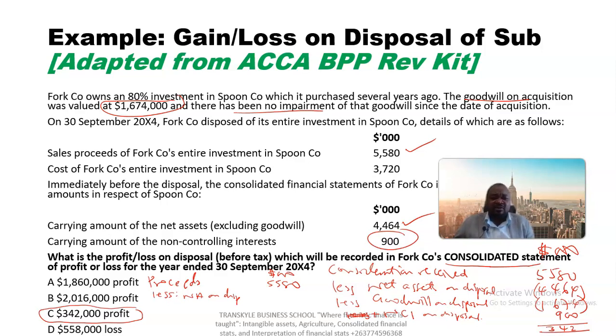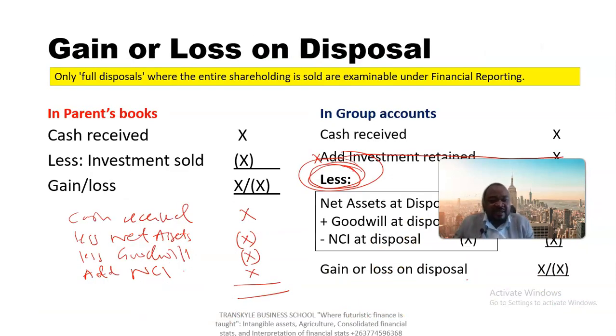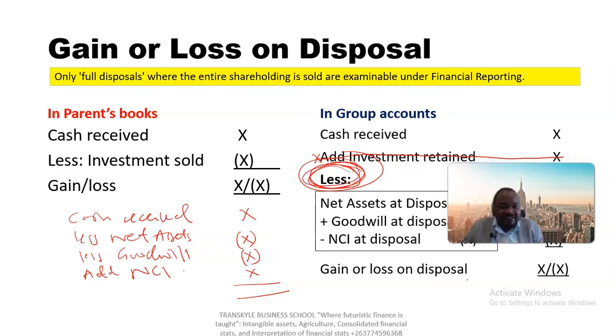The net assets on disposal were 4464. All right, then the goodwill on disposal, 1674. Then NCI on disposal was how much? 900. This time, given the formula here, if we use one less here, it means the NCI should then be negative, as you can see there.